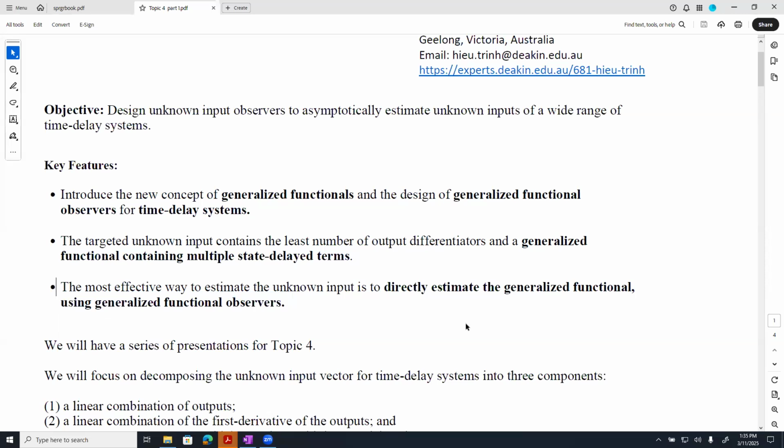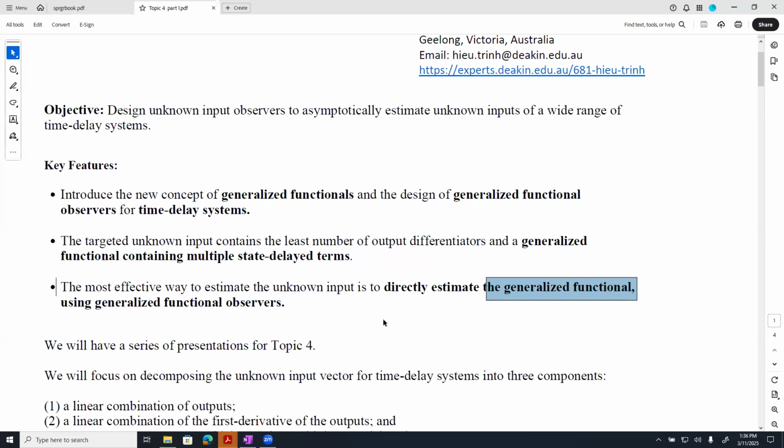Instead, we design a generalized functional observer directly to estimate the generalized functional. This is the most effective way that will give us the simplest structure for the unknown input.